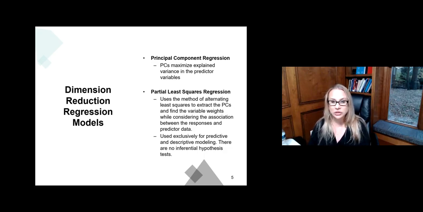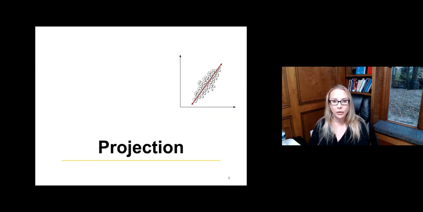Partial least squares is used exclusively for predictive and descriptive modeling, and there are not any inferential hypothesis tests that are performed when you execute a partial least squares regression. These are biased methods, but they have reduced prediction variance over ordinary least squares regression, and sometimes also probably a reduced parameter estimate variance too.